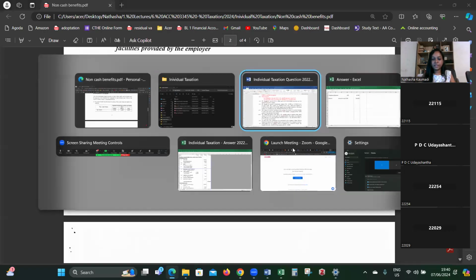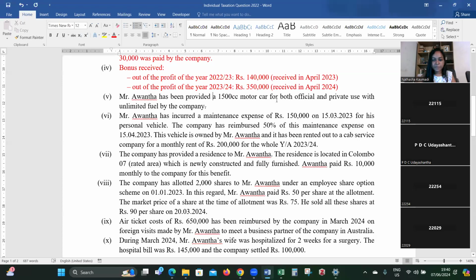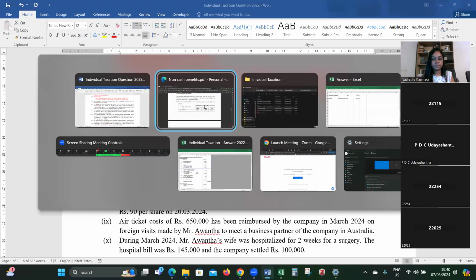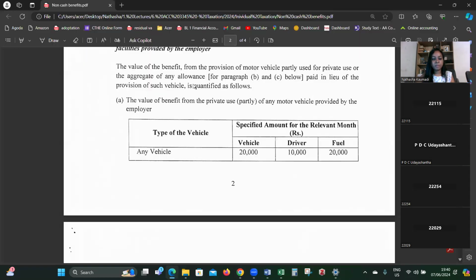Now, in this question, Mr. Avanta has been given the vehicle with unlimited fuel by the company. Exactly. These benefits are for 1 month. Yes, I'm getting correct answers. Now, if you are getting only the vehicle, monthly 20,000 is the benefit.